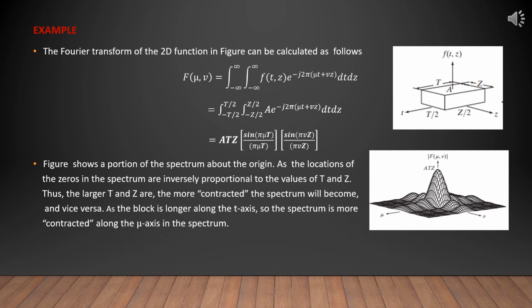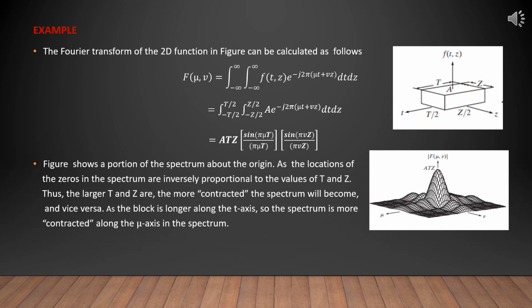If we find the spectrum of this function, we will see the following image. In the image we can see that the larger the T and Z values, the more contracted the spectrum will be, and vice versa.